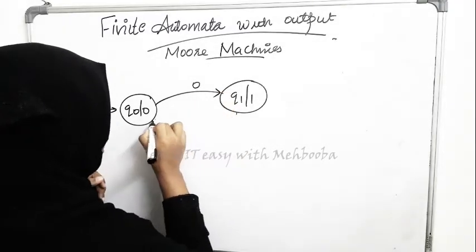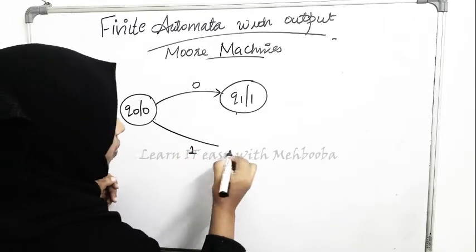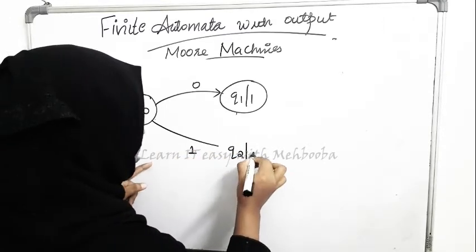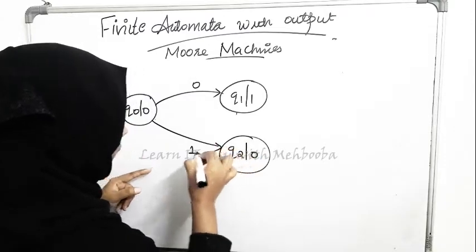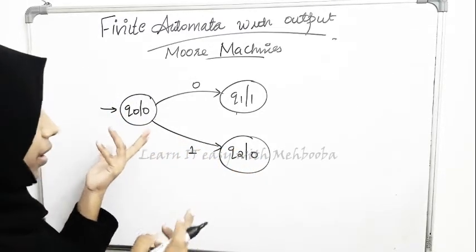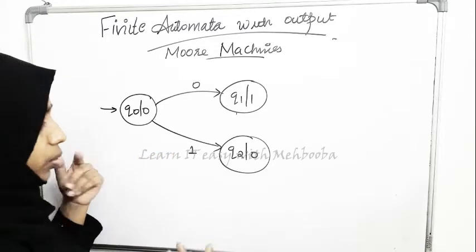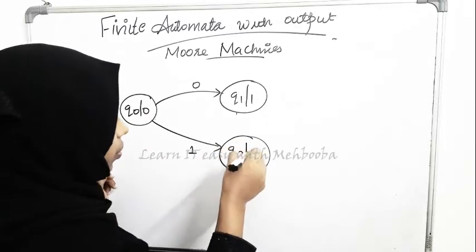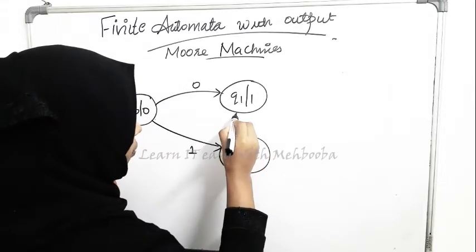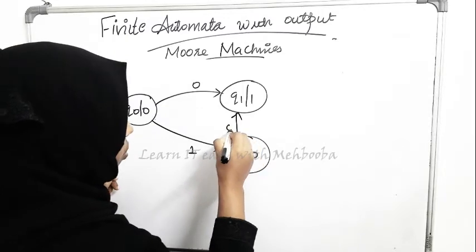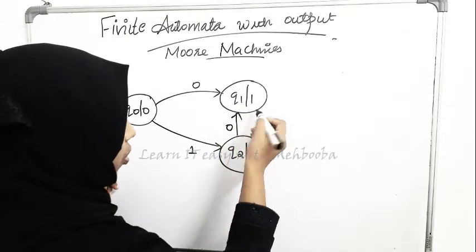Now if the input is 1, we will go to a state which gives the output 0. This is because this is just a starting state and we don't have any input, so we don't have any output also. Okay, so maybe it can be one null. Yeah, now q2 outputs 0. Now if you are getting a 0 here, you go to the state that will output a 1.